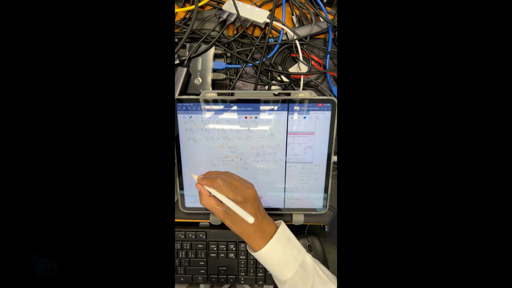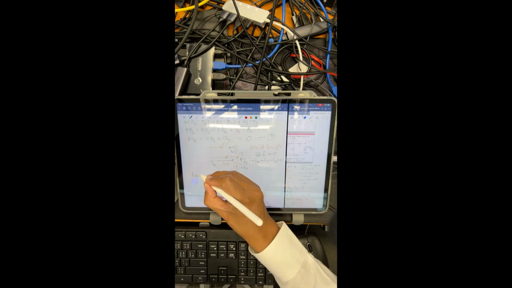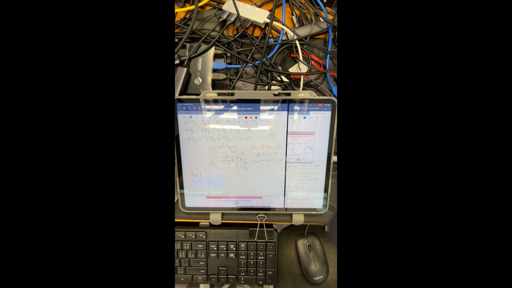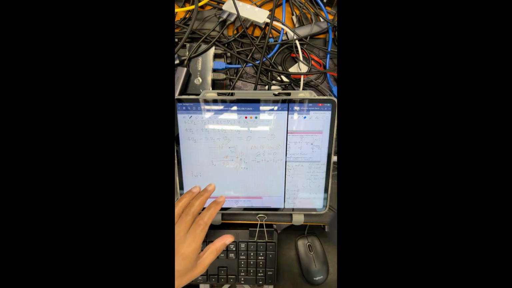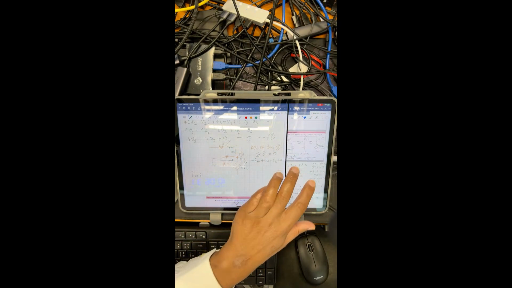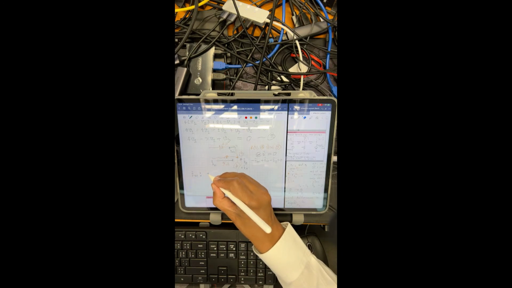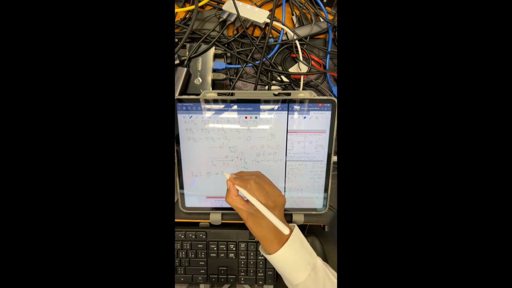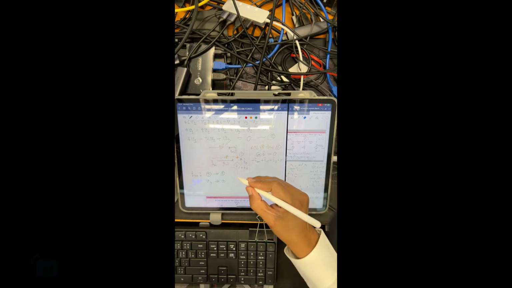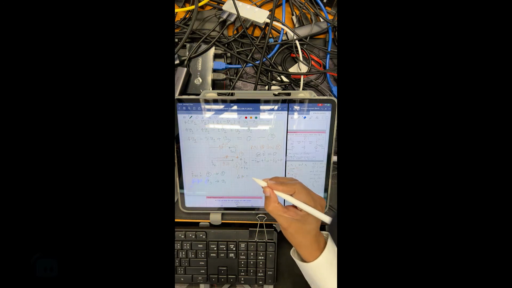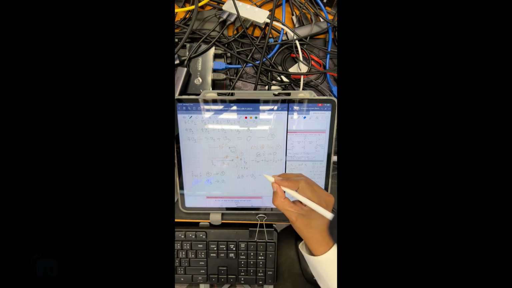Let's get the detail of IM. IM moves from node number 3 to node number 1, so it actually comes from V3 to V1 and delta V will be V3 minus V1.